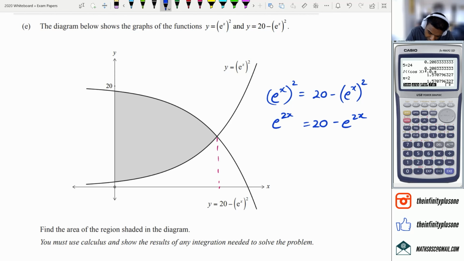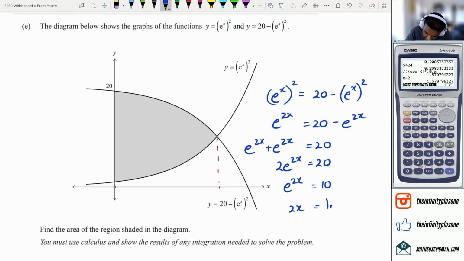Rearranging, I get e^2x plus e^2x equals 20, which means 2e^2x equals 20. e to the power of 2x is 20 divided by 2, which is 10. Then, getting rid of that e, I can rewrite this as 2x equals ln of 10. So x is equal to ln of 10 over 2. So this point right here is ln of 10 over 2.